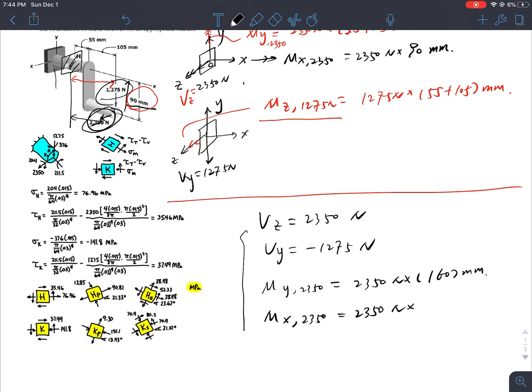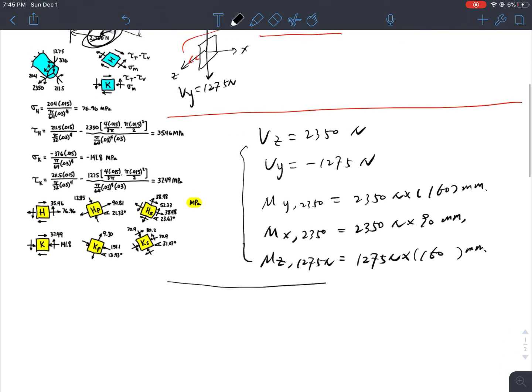Mx from 2350 equals 2350 Newton multiplied by 90 millimeter. And Mz equals a... okay. So these are the external forces I will have on my system.